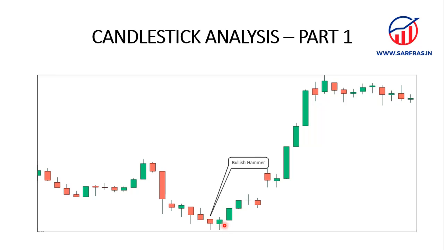So you have a red and a green, both these are hammers in fact. You can see this has appeared at the bottom of this downtrend. You can see the price has moved. So whenever you spot a hammer at the bottom of a trend, you can expect a good movement like you can see over here.